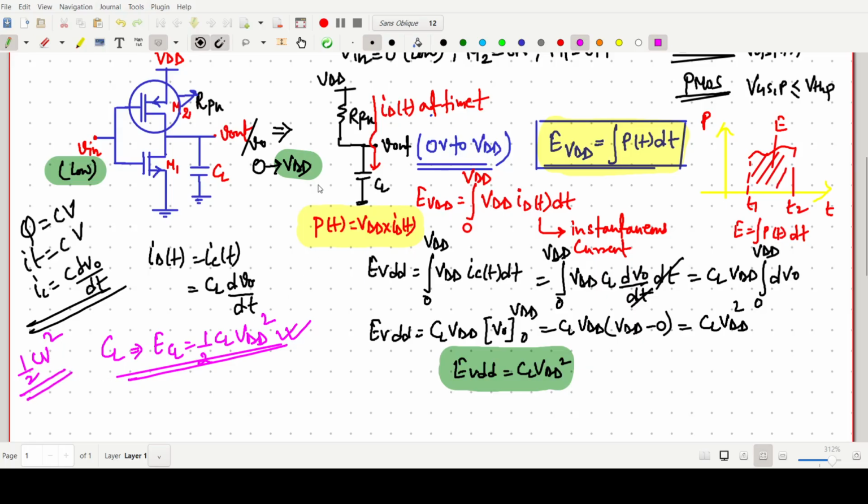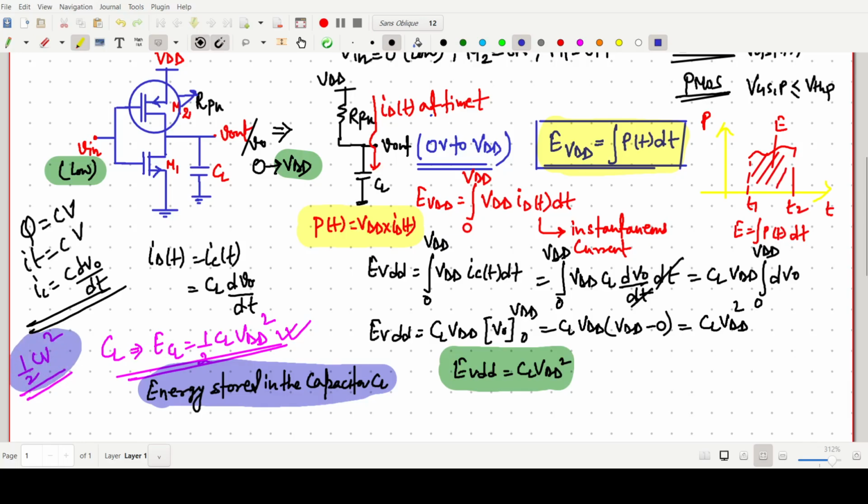Or better, if you want to derive the energy across this capacitor, so better to write the energy stored in the capacitor CL.